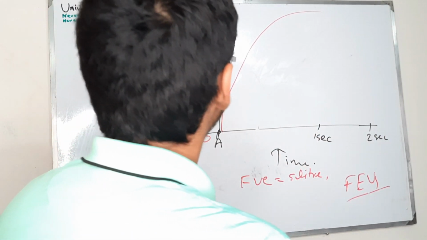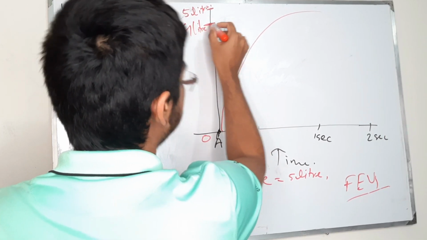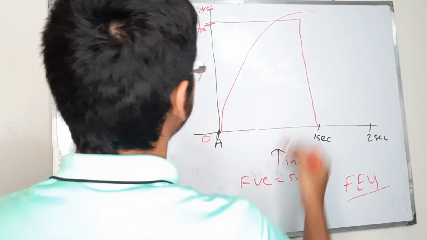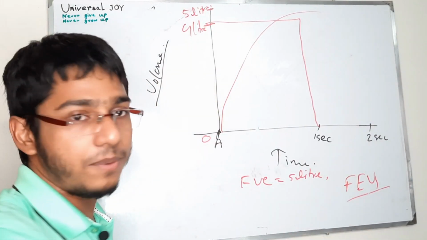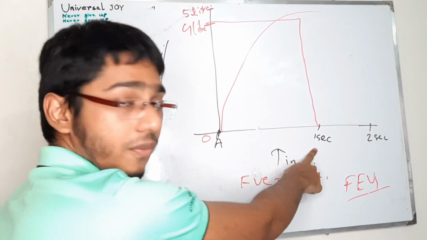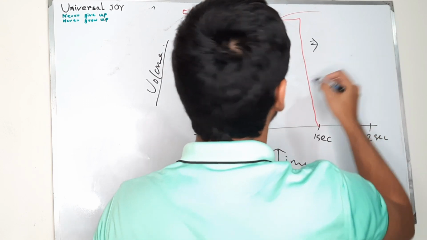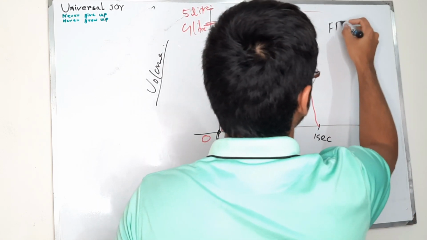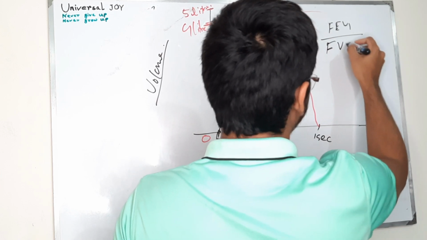Now let us just suppose that this indicates 4 liter, and in the first second I have thrown out 4 liter. Overall I have thrown out 5 liter, but out of 5 liter, 4 liter came out in the first second. So let us just calculate the ratio FEV1 divided by FVC.